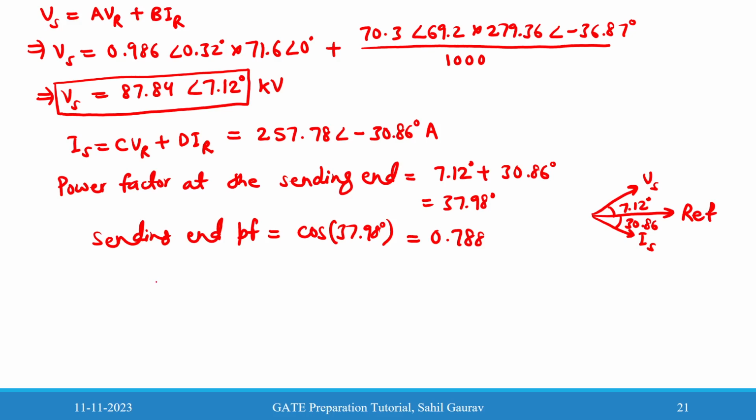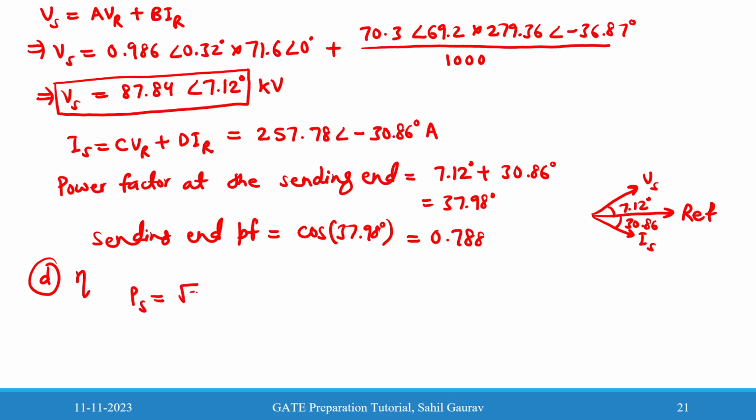Now the third part is the efficiency of line or regulation of line. First we'll find the efficiency of line. So the D part we are going to calculate first, efficiency. For efficiency we have to find PS and PR. How can we find PS? We know the things.